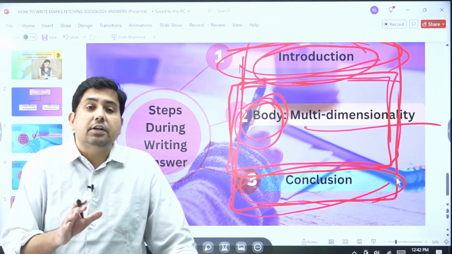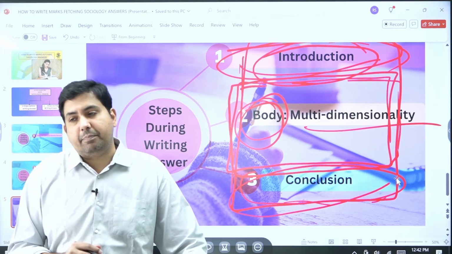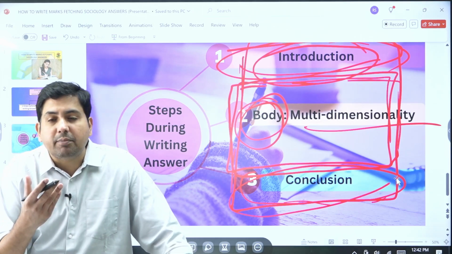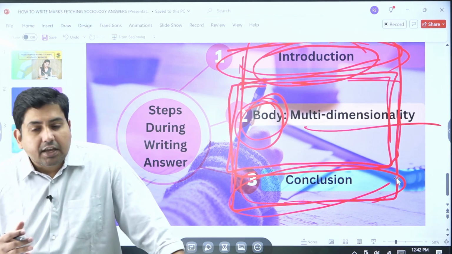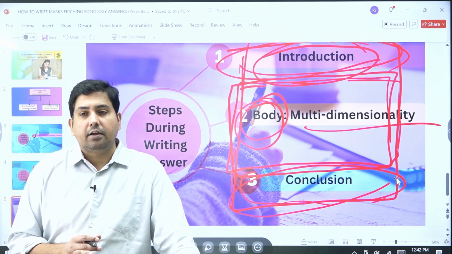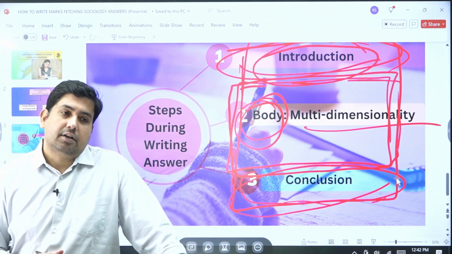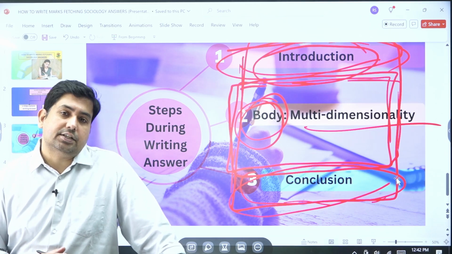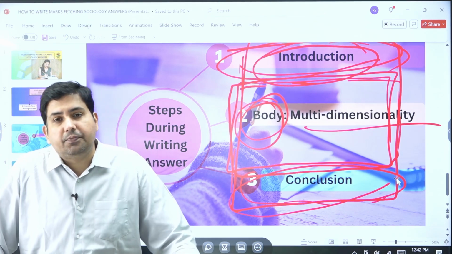Or for a question related to sociology of work and economic life in the second paper, you could use informalization of labor. You can mention gig economy workers, for example Zomato workers, Ola drivers, Amazon and Flipkart delivery agents, and their lack of social security.